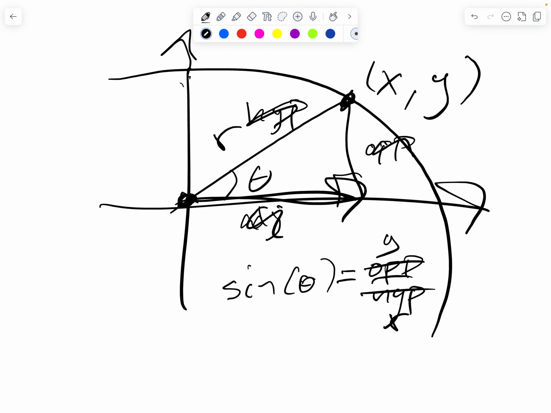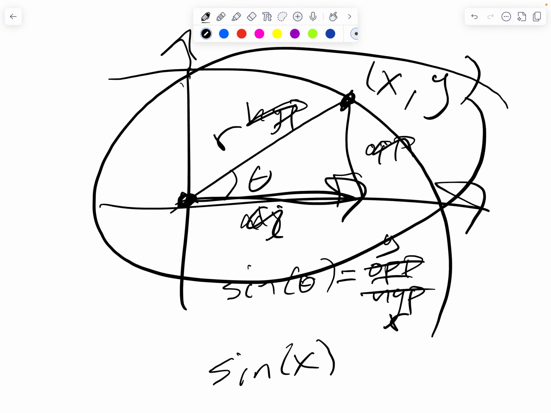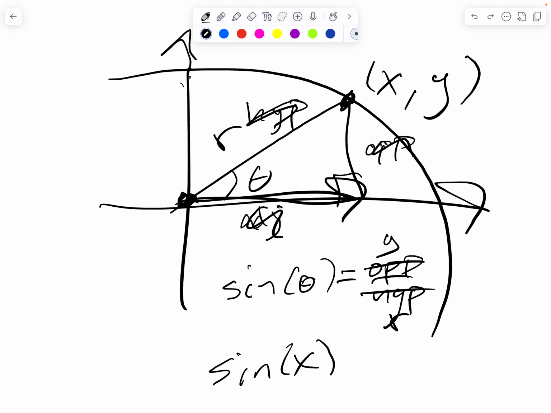Great, that's great and dandy, but you know what? We don't have to think of our input as being an angle. We like to call it x. Don't confuse it with this unit circle interpretation, or the circle interpretation.